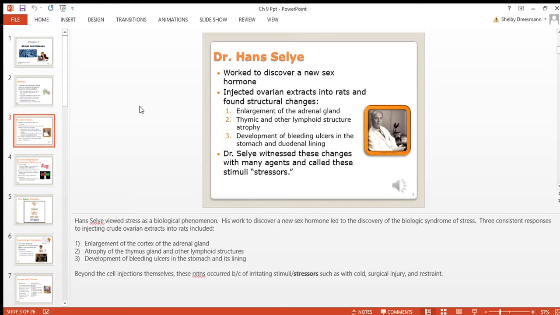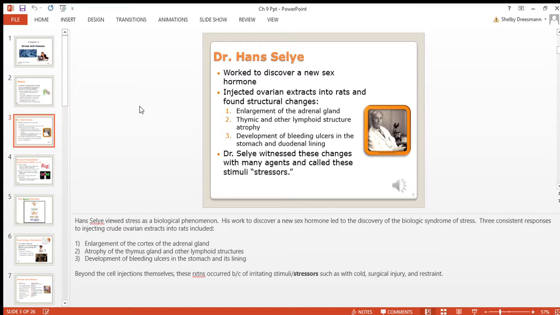Moving on. On this slide, it says Dr. Hans Selye discovered a new sex hormone, and if it was injected into ovaries, it would cause enlargement of adrenal glands, atrophy of thymic and other lymphoid structures, and bleeding ulcers in the stomach and duodenal lining.